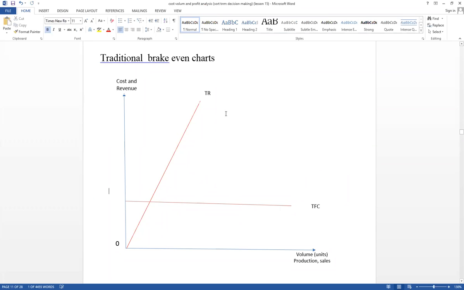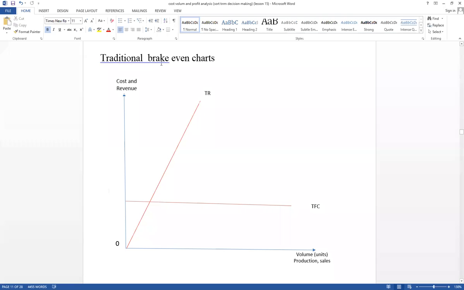Total revenue starts from zero, but total fixed cost does not vary with the number of quantity. When quantity increases or decreases, total fixed cost does not change. Think about total cost. Total cost includes total variable cost and total fixed cost.